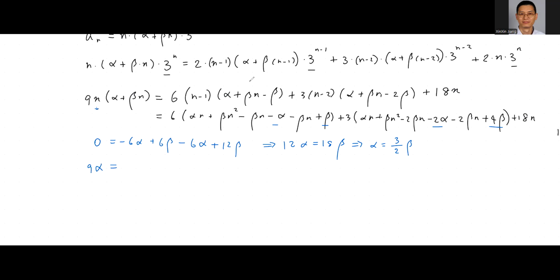Okay, so all the terms with n, not n squared. So I have a 6 alpha minus 6 beta, minus 6 beta, okay? And then plus 3 alpha, and then you have a minus 6 beta, again 6 beta, and then plus 18, okay?